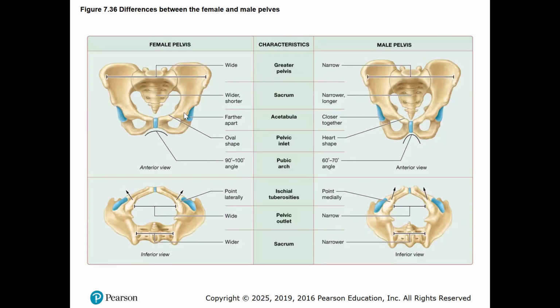The female has a wider, broader pelvic inlet compared to a male, a wider stance of the pelvic girdle itself, and the overall height of the male pelvis differs from the female pelvis. Also, what we spoke about earlier, the pubic arch is wider in females than in males.